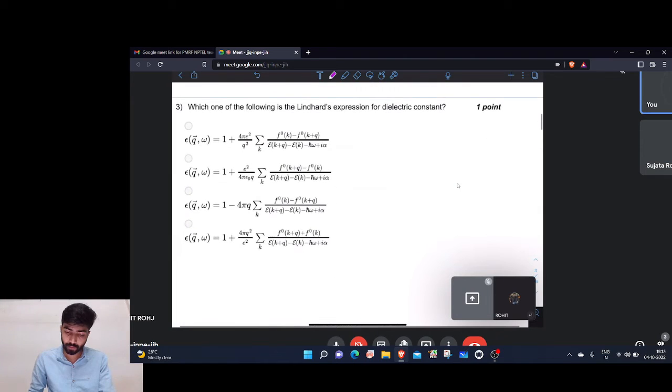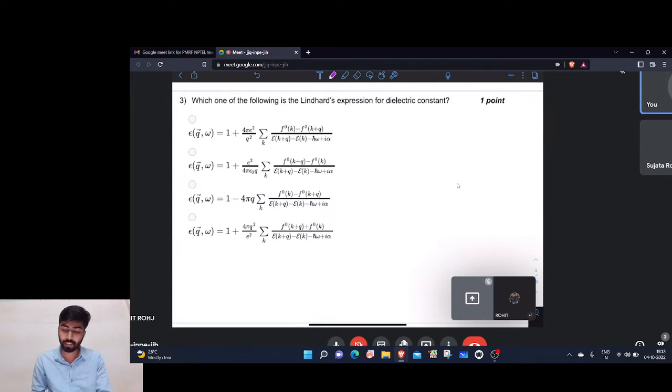Now question number 3 says, which one of the following is the Lindhard expression for the dielectric constant?